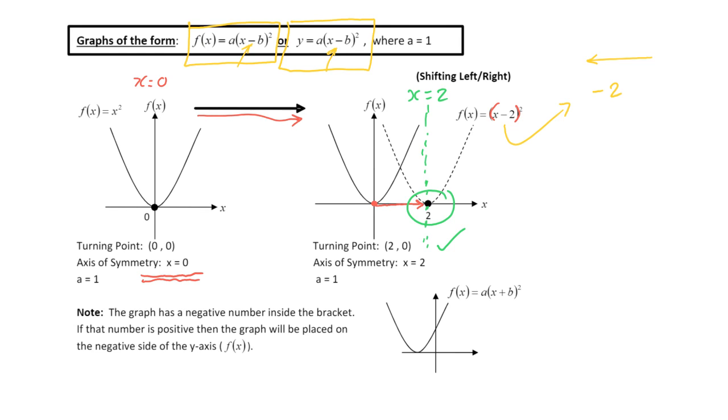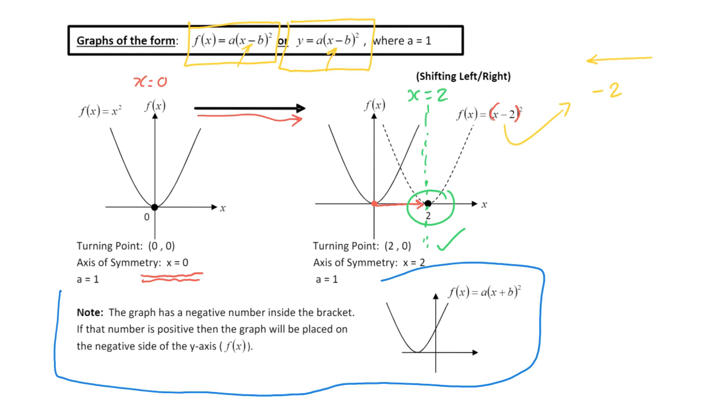Now, it's worthwhile recognizing down at the bottom here, we've actually got the graph I was talking about where it could be a positive inside the bracket. Because if it was a positive value, then it would shift into the negative.